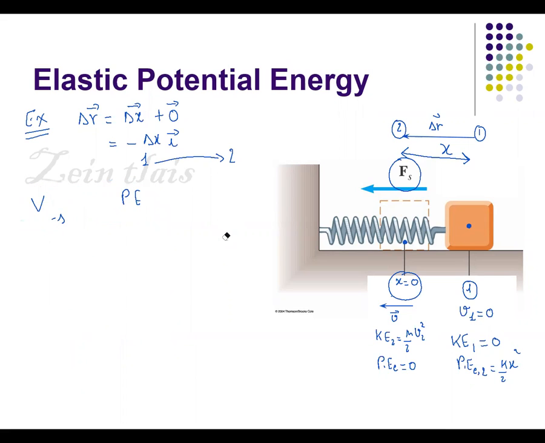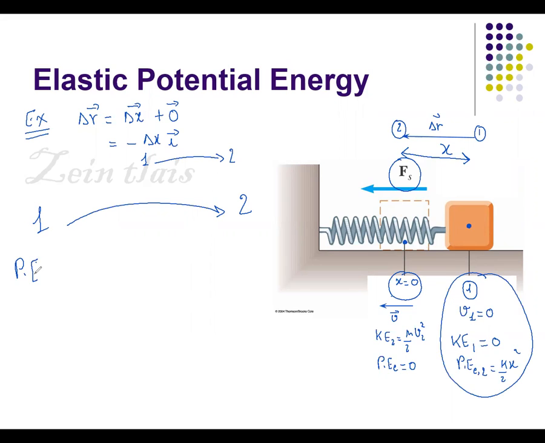So between 1 and 2, what do we have? I want to study the energy of the system. It's very important. At 1, we have only elastic potential energy at the position 1 here. Okay? And at the position 2, we have just a kinetic energy.